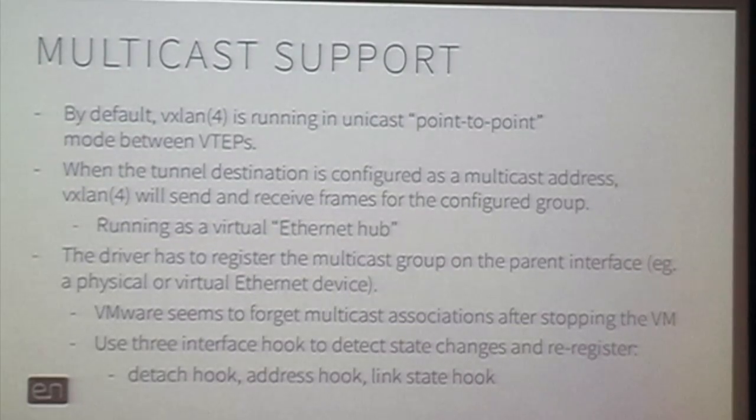Then I saw that when you suspend the virtual machine and resume it, which is also very normal in cloud networks, then you lose all your multicast associations. So VXLAN has to detect that something happened, and I detect it with a link state change and re-register the multicast group.